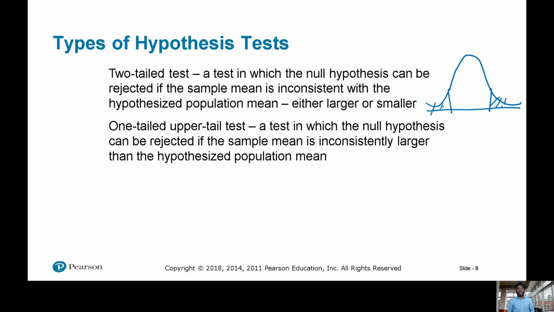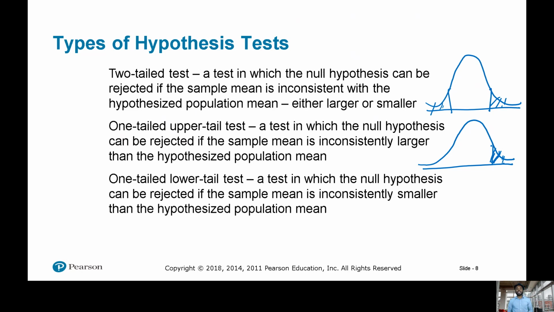Then we have a one-tailed upper tail test, in which the null hypothesis can be rejected if the sample mean is inconsistently larger than the hypothesized population mean. The one-tailed upper tail test is also known as the right tail test, so our rejection region is on the right. This shaded area would be our rejection region.